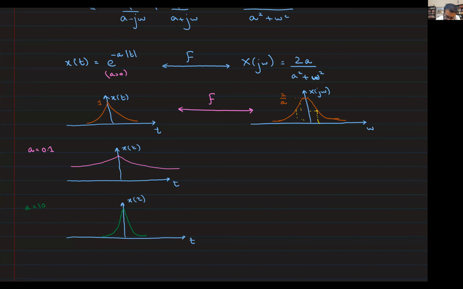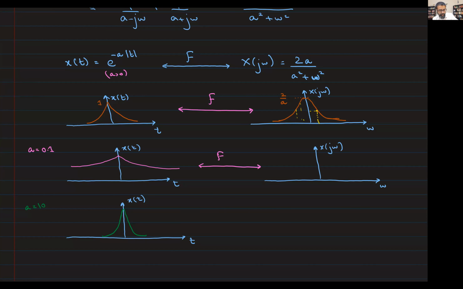Now let's look at what the Fourier transforms are. So if I compute the Fourier transform for that, what I am going to observe is, if this is omega and this is x of j omega, which is still equal to 2 times a divided by a squared plus omega squared, right?